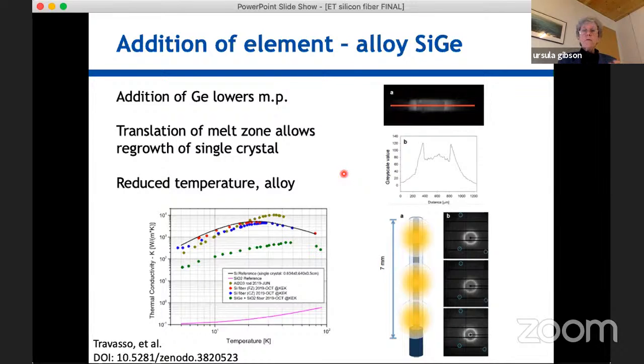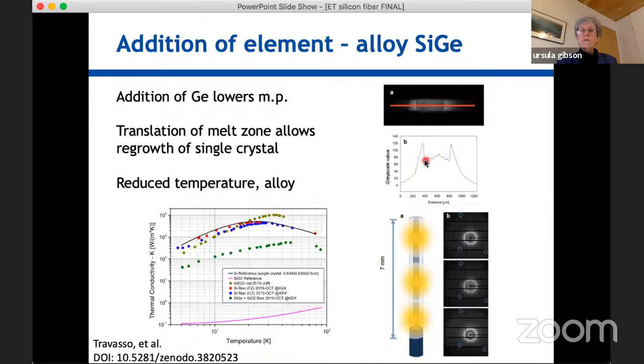And that is if we add an additional element, we can lower the processing temperature, which is advantageous because then the silica, which has been essentially turned into a crucible for our purposes, is not affected as strongly. And what we find is that this is an image actually of the annealing process, and this is the intensity.